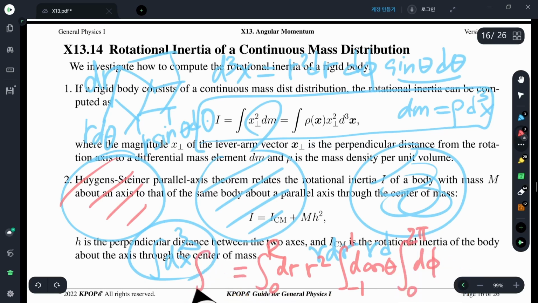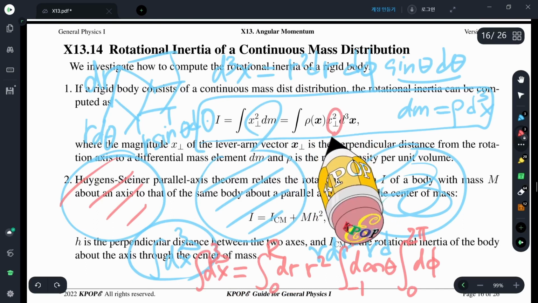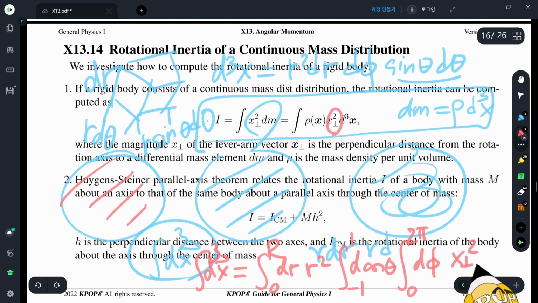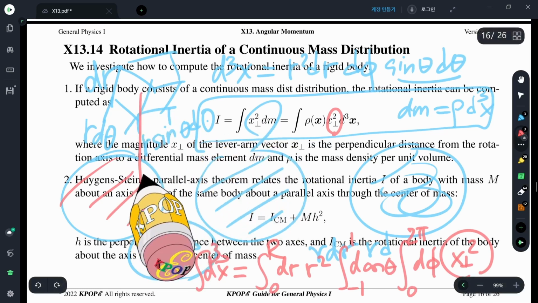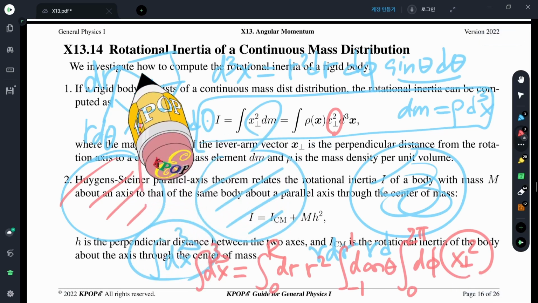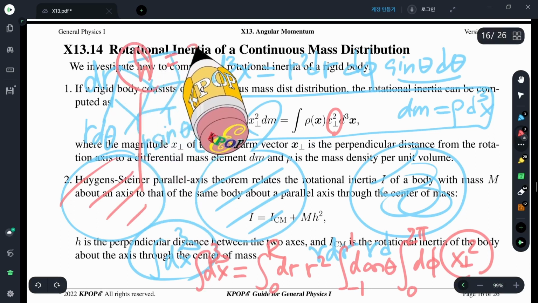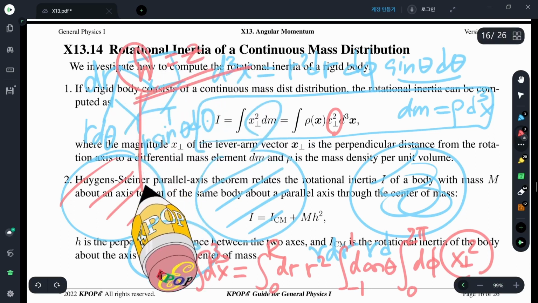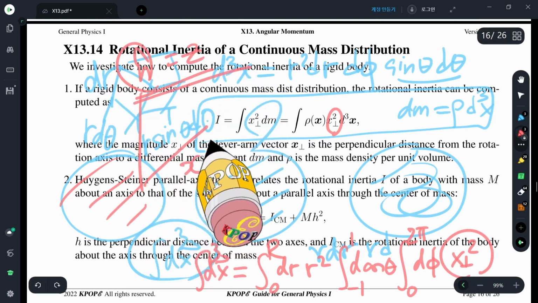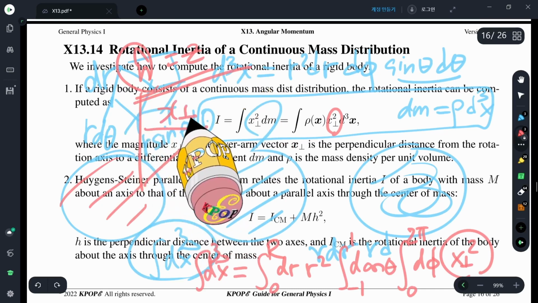This is just a volume integral. And then we have an additional piece, x perp squared. X perp is relative to the axis of rotation. Let me call this the z-axis. This is x, and this is x perp, origin.